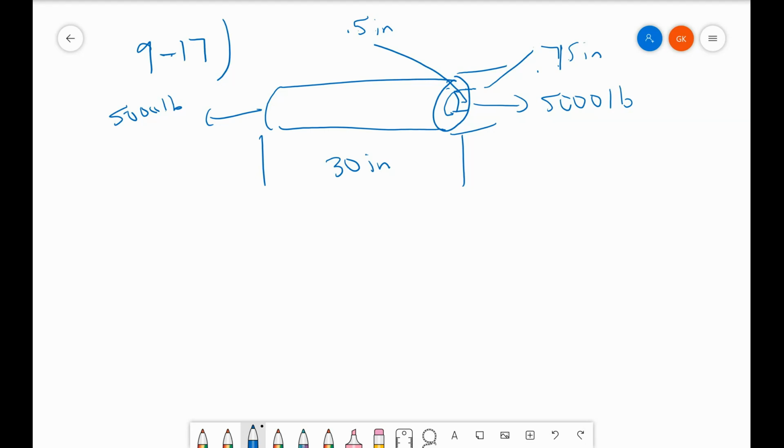So, let's try it out. The first thing is, let's write down our givens. So our givens are the load is equal to 5,000 pounds. Modulus of elasticity was equal to 30 million psi.